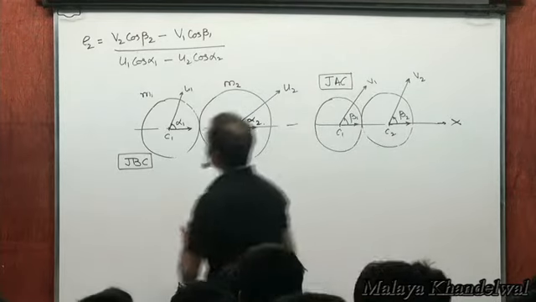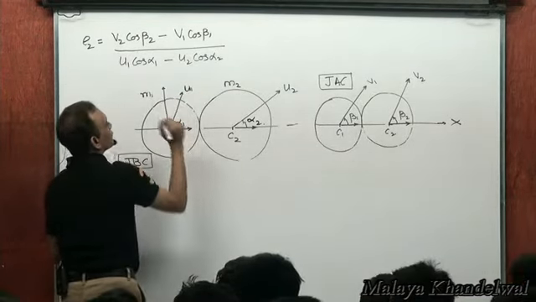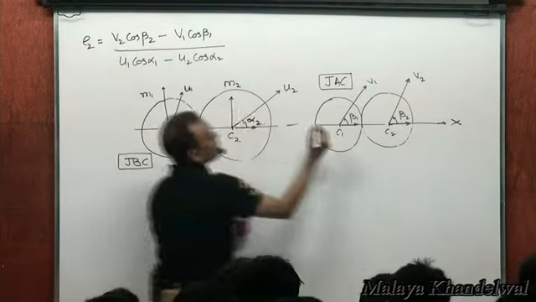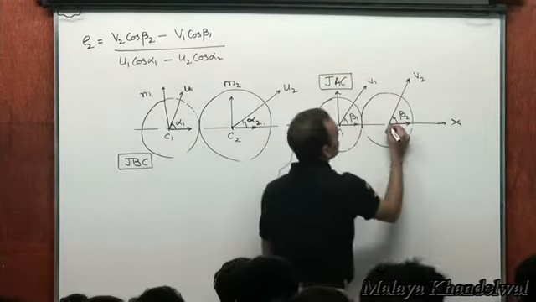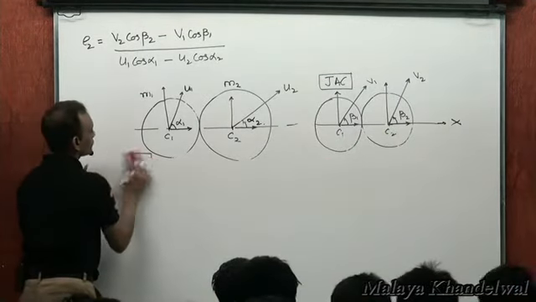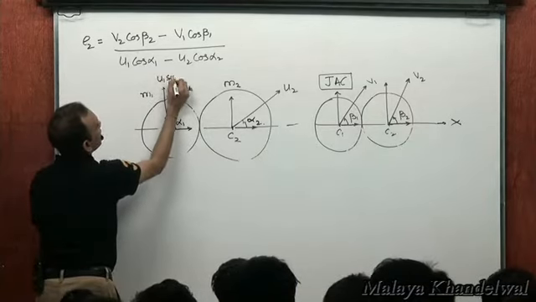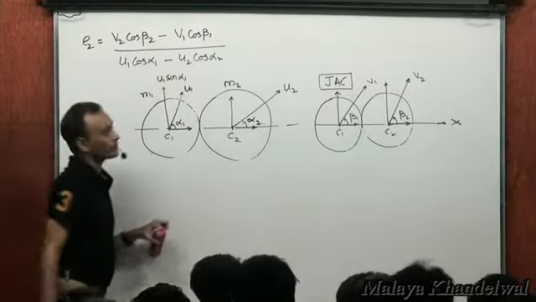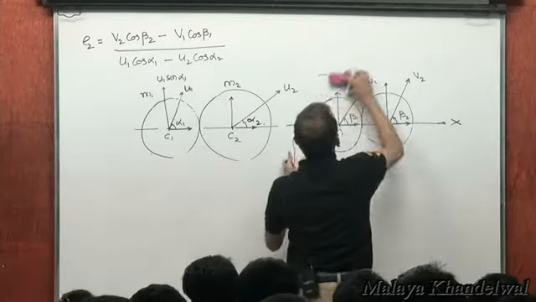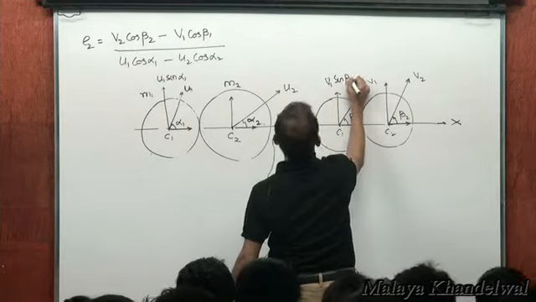Now, in this direction, these particles have velocities, right? Say, this one has a velocity u1 sine alpha 1 like this before collision, and this one has v1 sine beta 1 after collision, right?